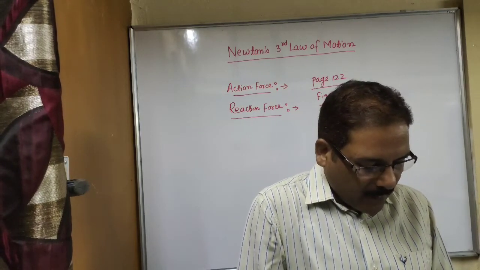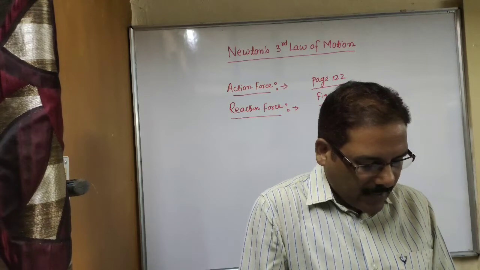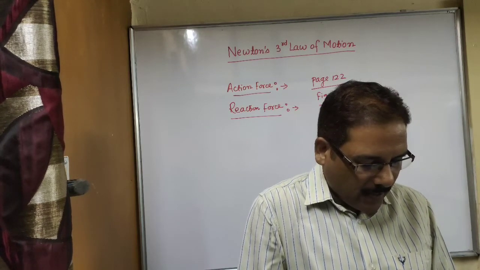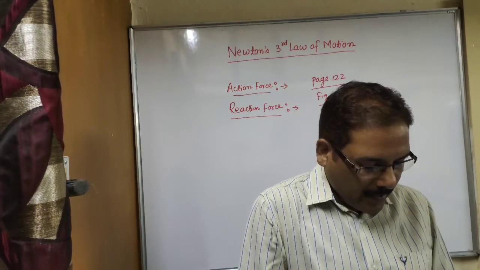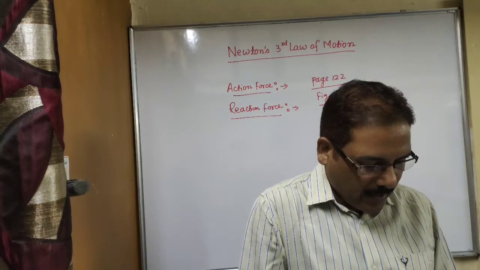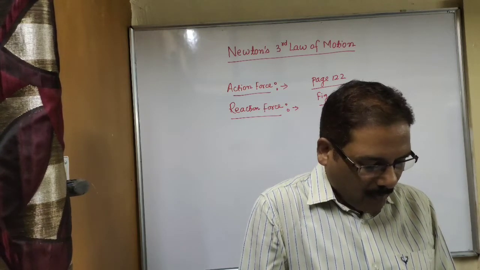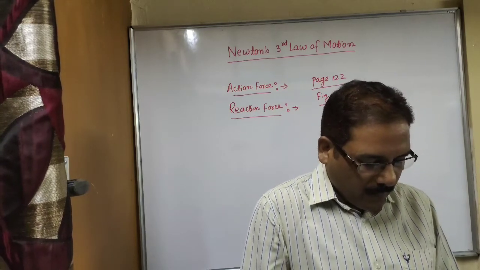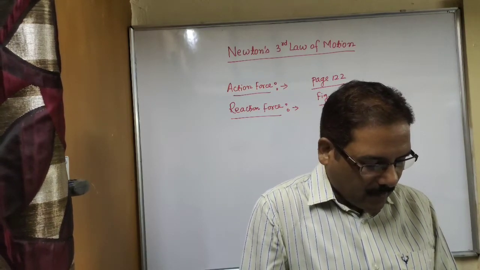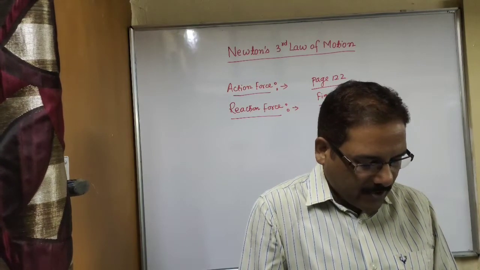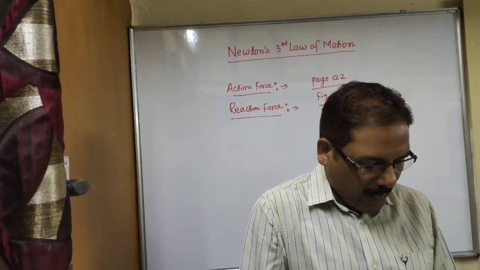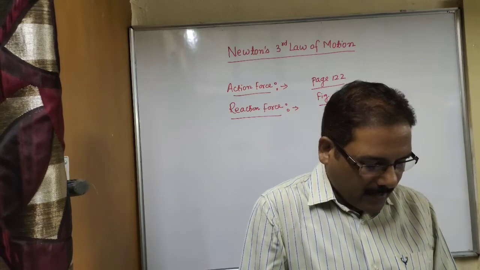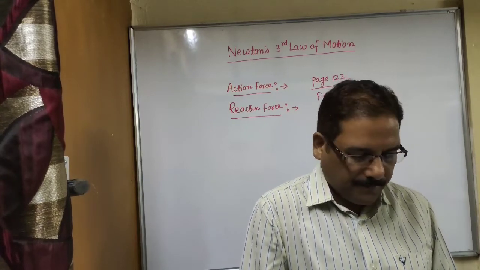It means that the force exerted by spring balance A on balance B is equal but opposite in direction to the force exerted by balance B on balance A. The force which balance A exerts on balance B is called action, and the force of balance B on balance A is called reaction.